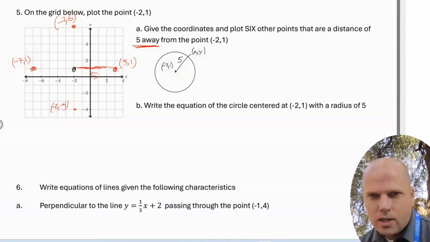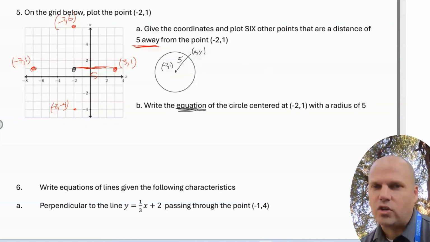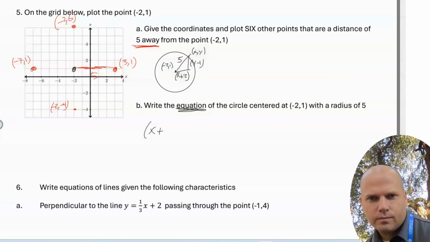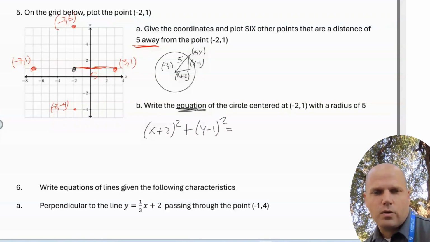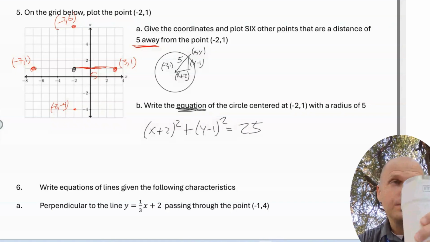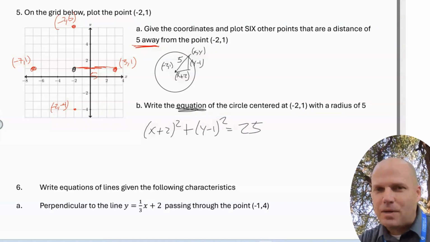Could we understand that our equation for our circle would be x minus -2, which is x plus 2, squared, plus y minus 1 squared, equals 5 squared? Cool. Could we use that to help us potentially?